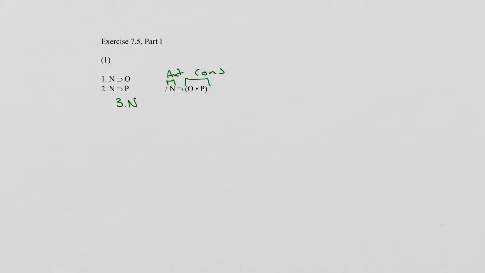We're going to use N as our ACP, assumption for the conditional proof. And then based on that N, my new goal is right here. Okay, so I'm just going to use modus ponens, get O with 1 and 3, and then I'll get P with 2 and 3, and then I'll conjunct them together.